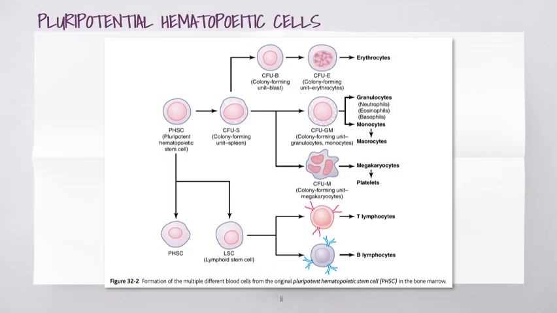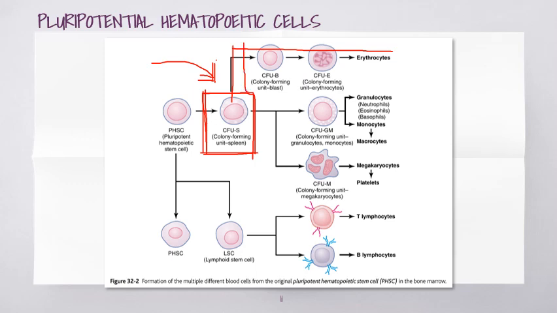So once our colony forming unit has been acted upon by our growth inducer, it will grow, it will reproduce, and then the differentiation inducer will act upon it, making it only limited or committed to one cell line.